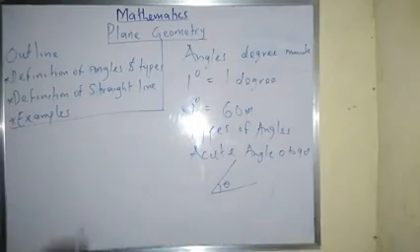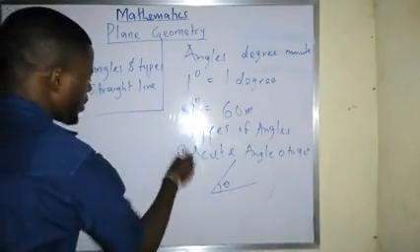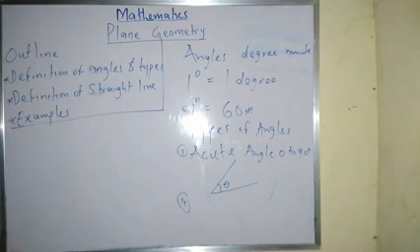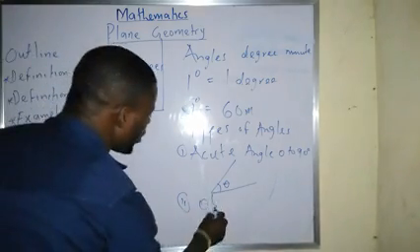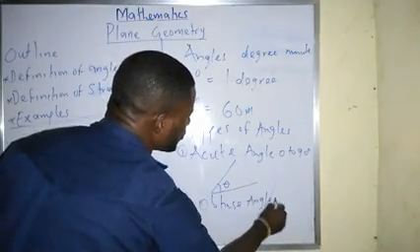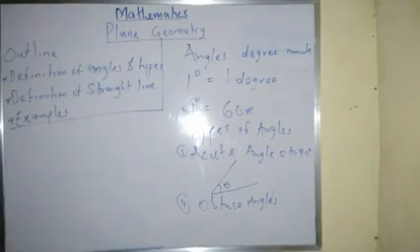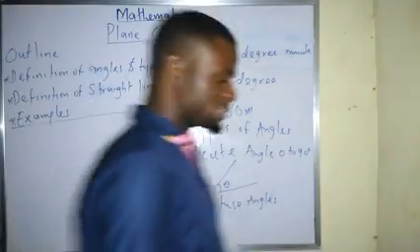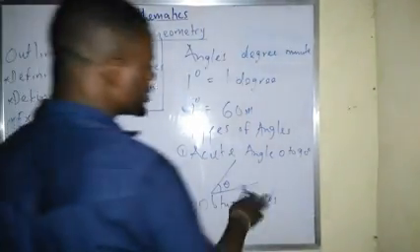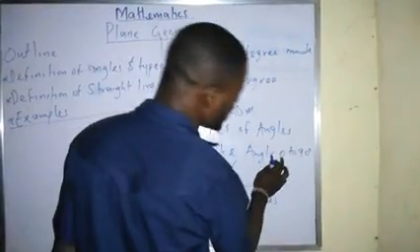It means theta is acute. And the second one, number 2, we call it obtuse angle. My obtuse angle is an angle that is greater than 90 but less than 180. Now, the acute angle is between 0 and 90.